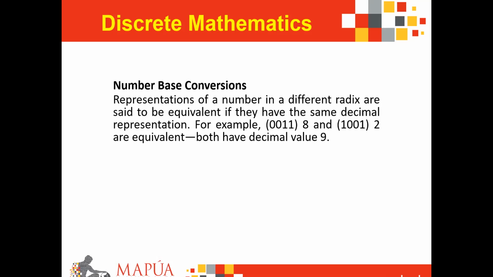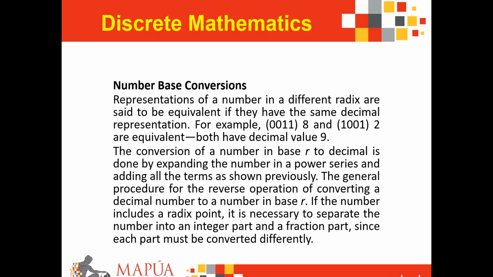Number conversions. Representations of numbers in different radix are said to be equivalent if they have the same decimal representation. For example, 0011, which is base 8, and 1001, which is base 2, are equivalent and both have a decimal value of 9. However, one is base 8 while the other is base 2.